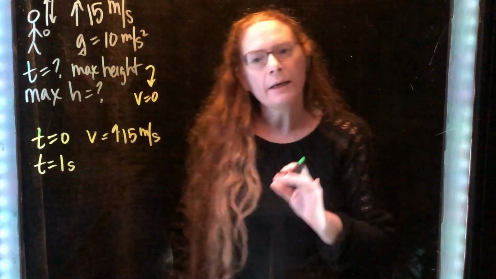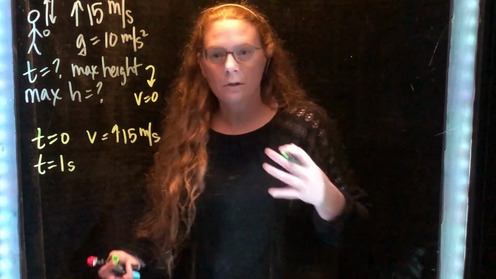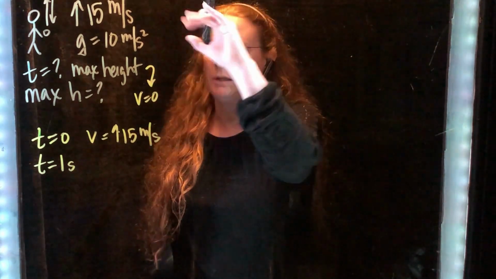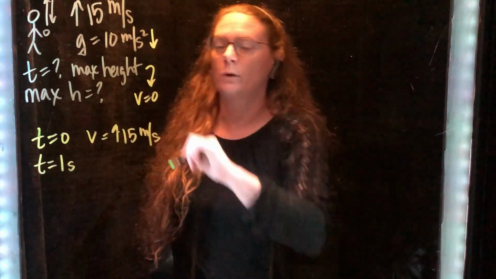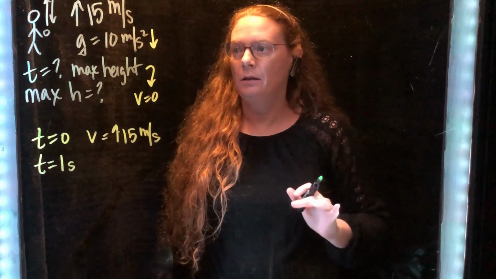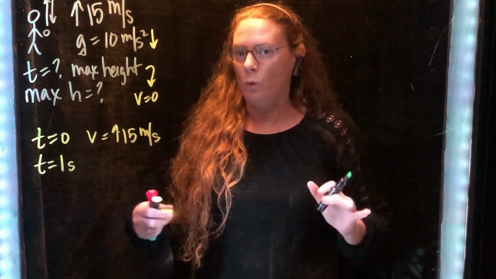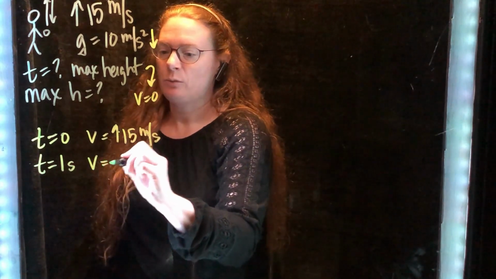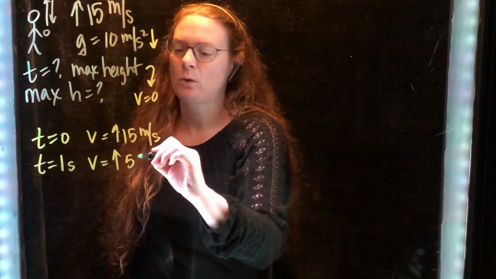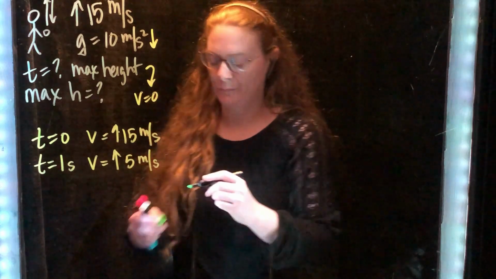So 1 second later, the definition of acceleration means that if our acceleration due to gravity is downwards at 10, we've lost 10 meters per second in speed in 1 second, which means we were at 15 upwards, now we're at 5 upwards.